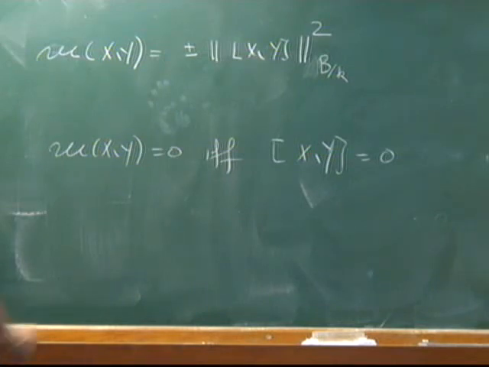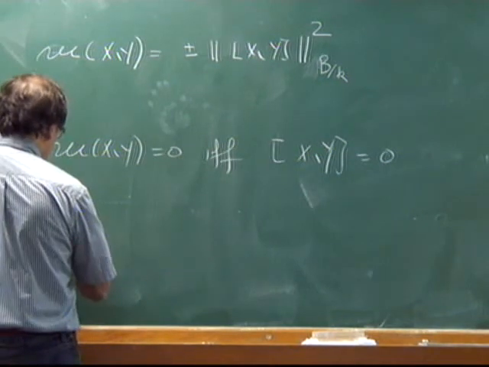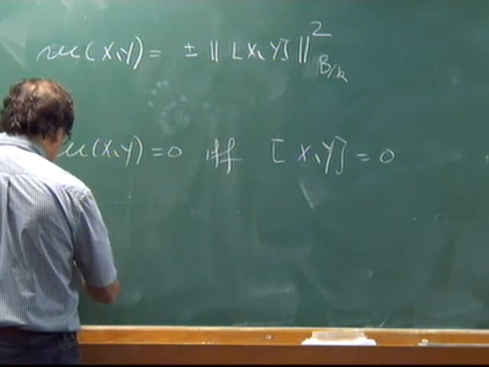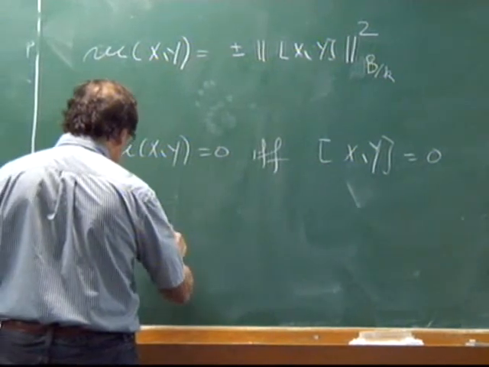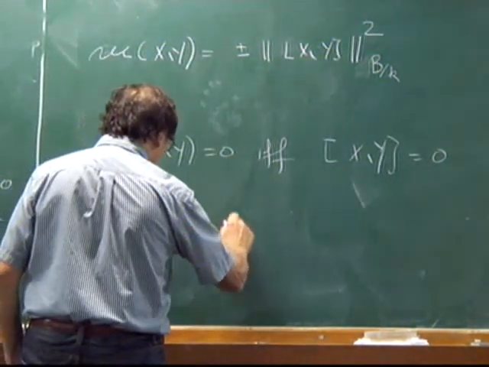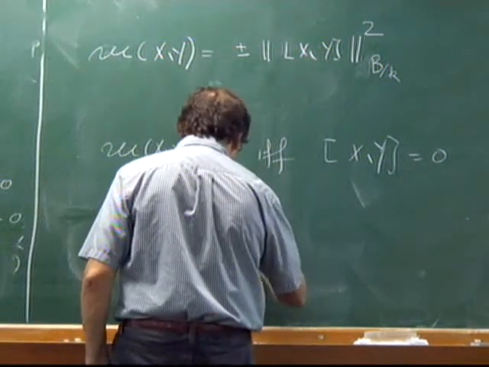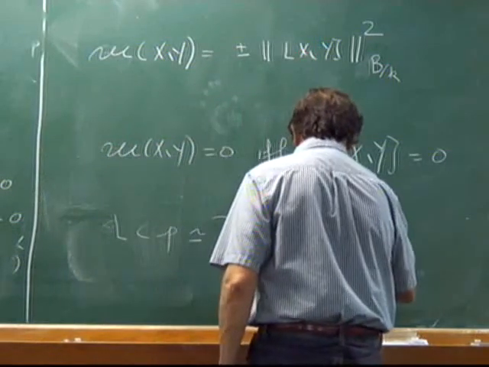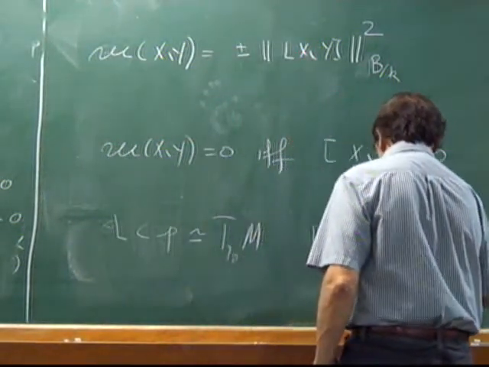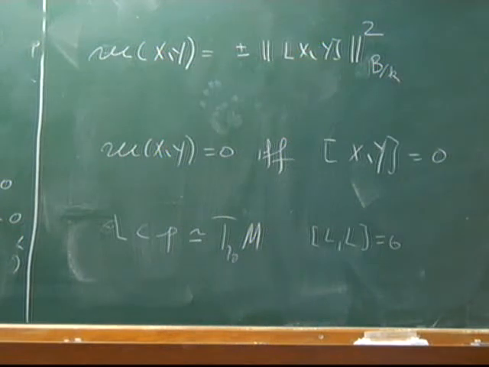So I claim, in fact, the more general statement: say if I have a subspace L inside P, which is a tangent space, with the property that Lie brackets in L vanish, which would be true if this is a two-plane like this.